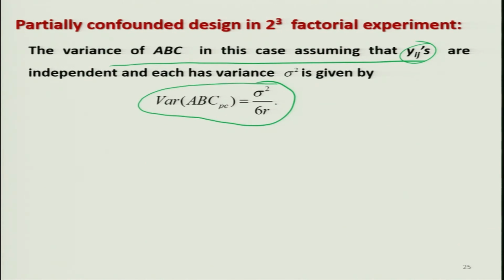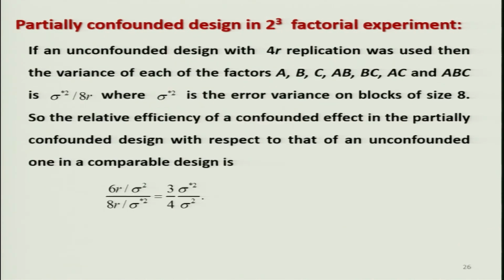Right. Now let us first compare what happens if you confound these effects in all the replicates, or do not confound them in all the replicates. If you confound any of these effects in all the replicates, then the entire information about that factor is lost, and that is the case of complete confounding.